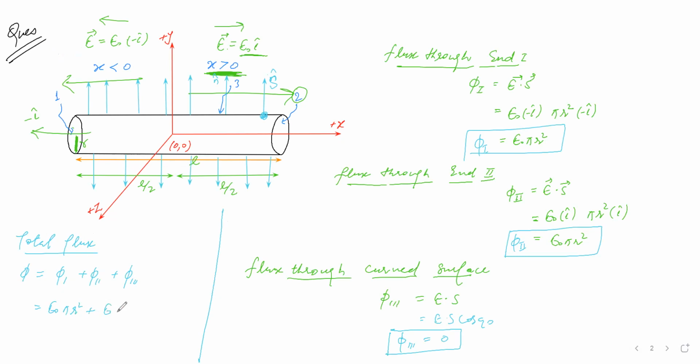Phi 2 is also E naught pi r square. Phi 3 is 0. Finally, you get the total flux through this cylindrical surface is 2 E naught pi r square. Note it down, please. This is the total flux passing through this cylindrical surface.